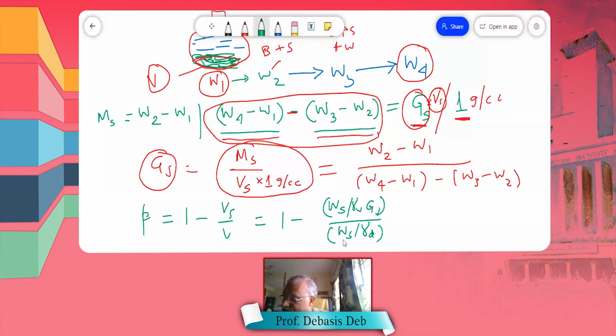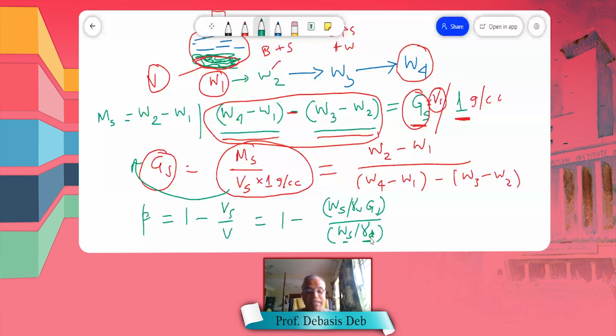Now what I have written, Gs is Ws, see here, you are taking this Vs up there. So I'm now writing with the W. So this will be Ws divided by Gs into gamma W because I'm writing in weight. So this one will come in the top instead of Vs. And instead of V, which is the total volume, this is the solid divided by gamma D.